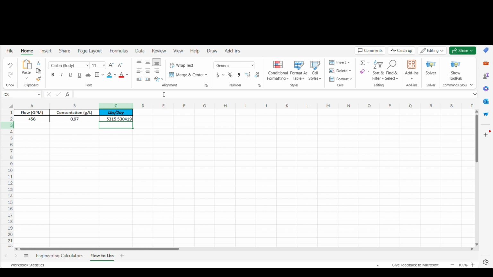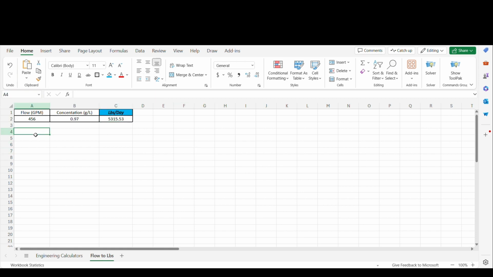So if you were flowing 456 gallons per minute of something that had a concentration of 0.97 grams per liter, you would have made approximately 5,315.53 pounds that day. As always, clean everything up so it looks the right way.